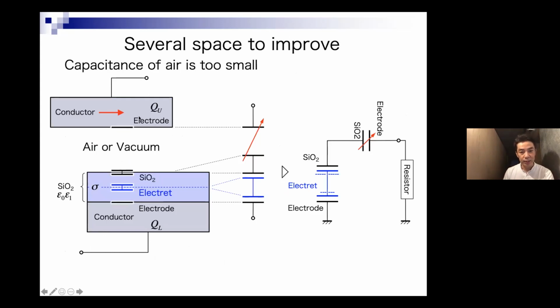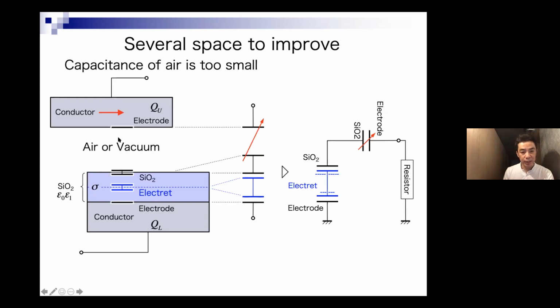Again, this is the simple structure of the devices. Here is the electrode. If you push this electrode, of course, due to the electrostatic effect, we can create energy, inducing electrons.